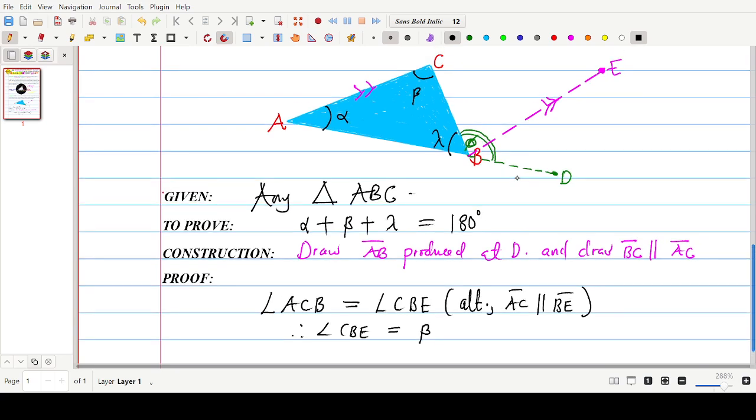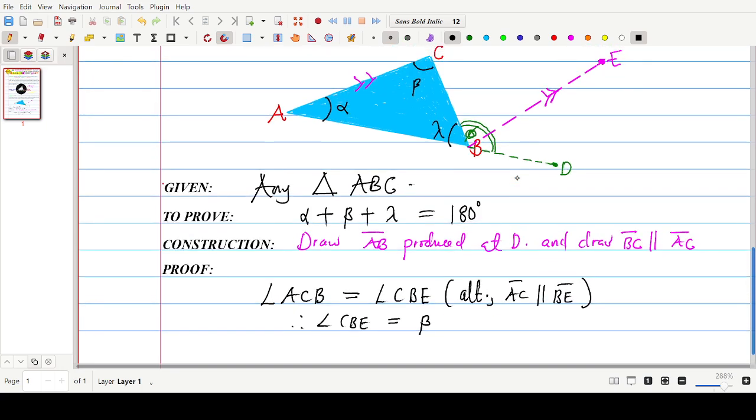Now also, if you look carefully, you discover that angle CAB, can you see CAB? The line AD is now standing as a transversal to the lines AC and BE. Can you see that? So you see that the angle CAB, which is alpha, is corresponding to the angle EBD. All right, and since the lines forming them are parallel, they are therefore equal. So we can make the statement of equality.